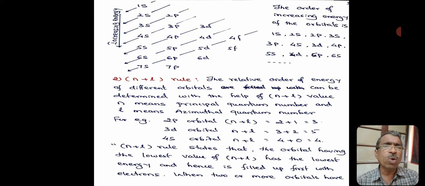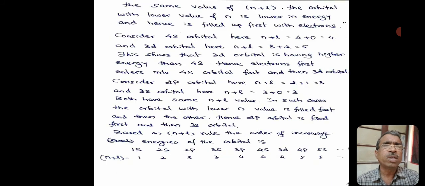When two or more orbitals have the same value of n plus l, the orbital with the lower value of n is lower in energy and hence is filled up first with electrons. Consider the 4s orbital. Here n plus l is equal to 4 plus 0, which is 4.